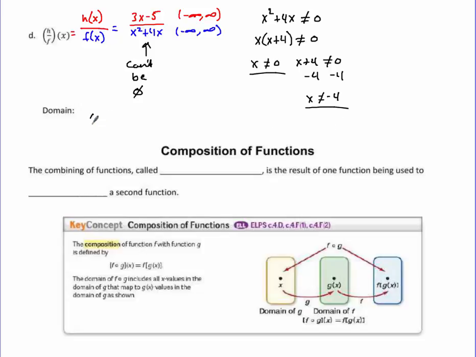So our domain is negative infinity to negative 4, union negative 4 to 0, another union 0 to infinity. So what we did was just take out the negative 4 and the 0 from our domain.